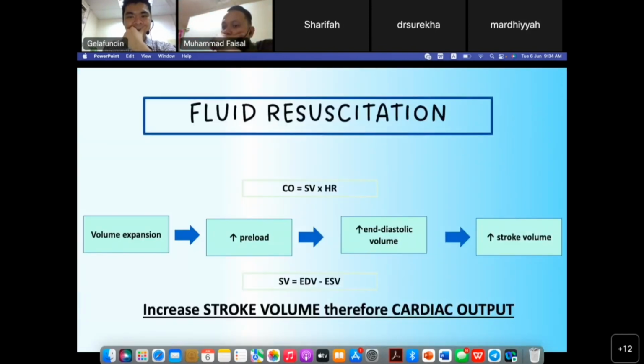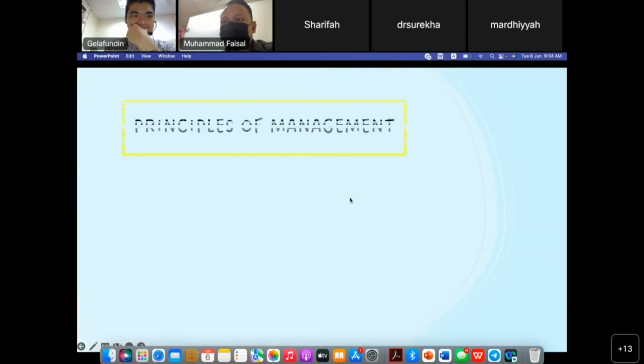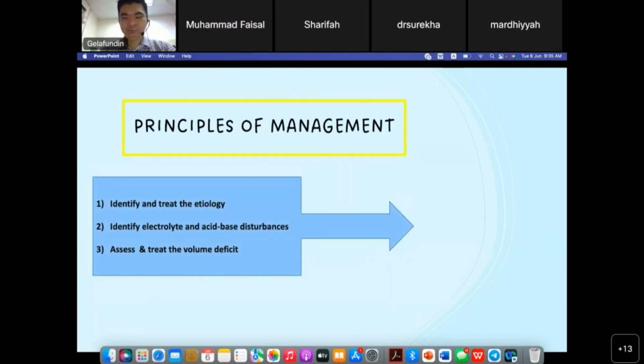So basically, in fluid resuscitation, the aim is volume expansion, and subsequently this will increase the stroke volume and eventually the cardiac output. For the principles of management in fluid resuscitation, we have three: to identify and treat the etiology, to identify the electrolyte and acid-base disturbances, and to assess and treat the volume deficit.